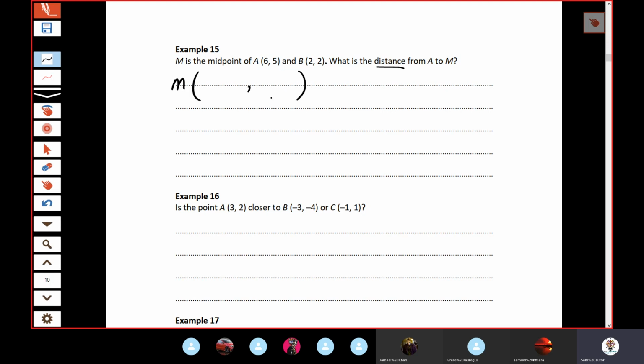What do we remember the formula being? Is it x1 plus y1? Or close. X1 plus X2 on 2, and then comma, Y1 plus Y2 on 2.